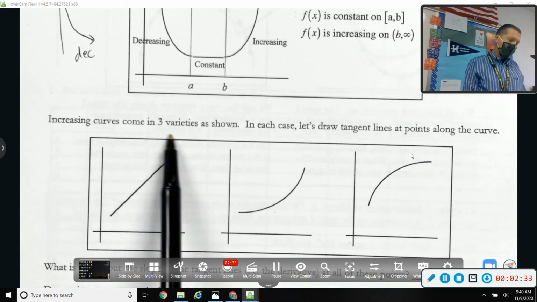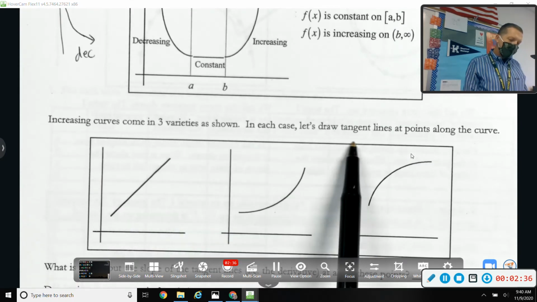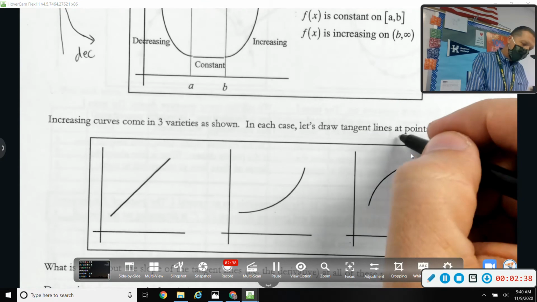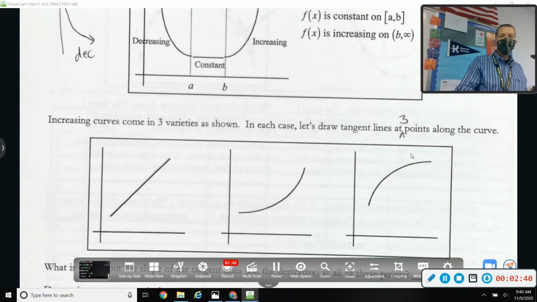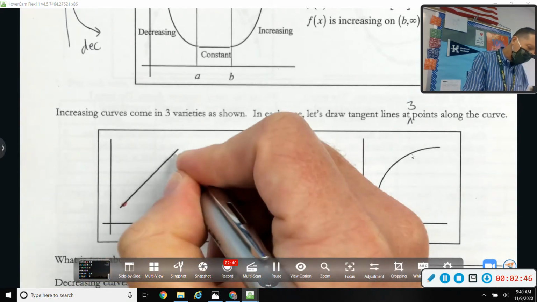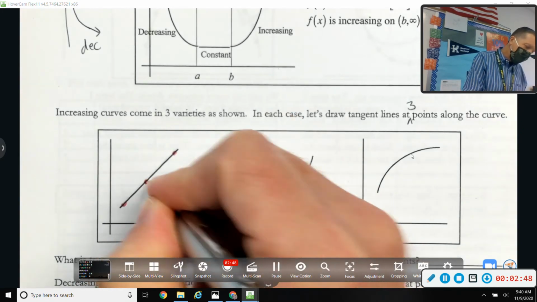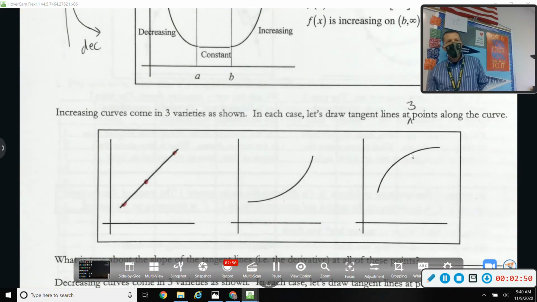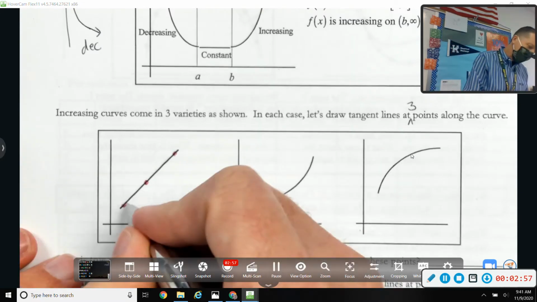Increasing curves come in 3 varieties. In each case, let's draw tangent lines at 3 points along the curve. So I inserted that little extra there to make sure we're all on the same page. So pick a point at each end and then in the middle, and draw a tangent line. It's almost tricky easy on the first one. It's like, how am I supposed to draw a tangent line that is the line?